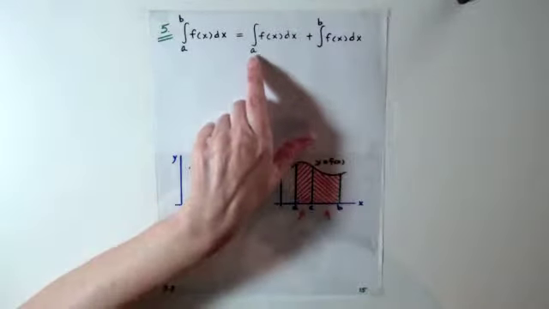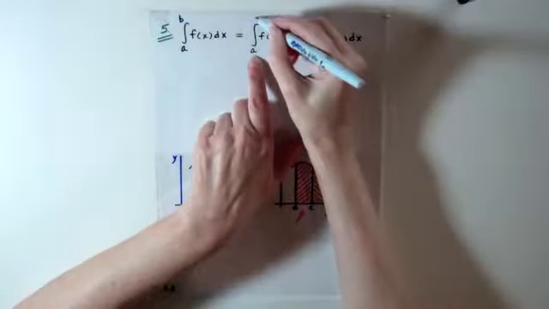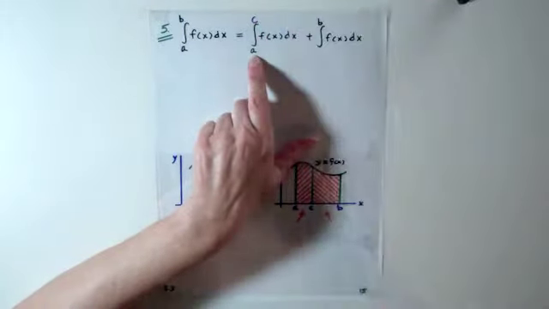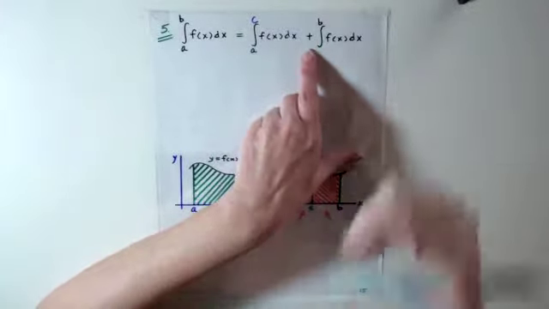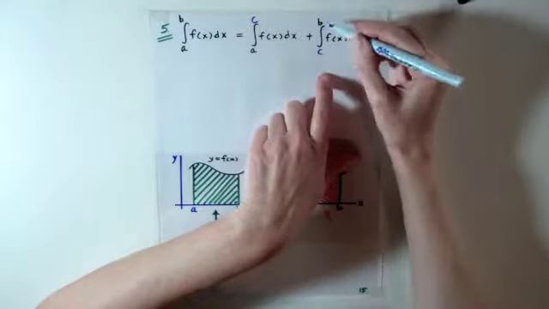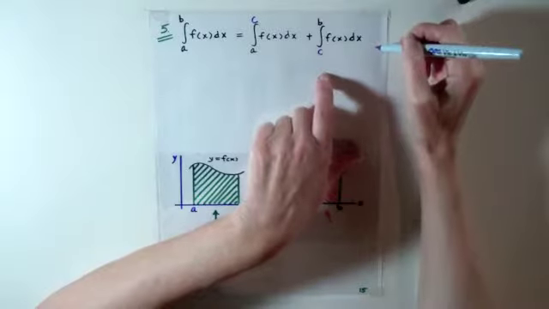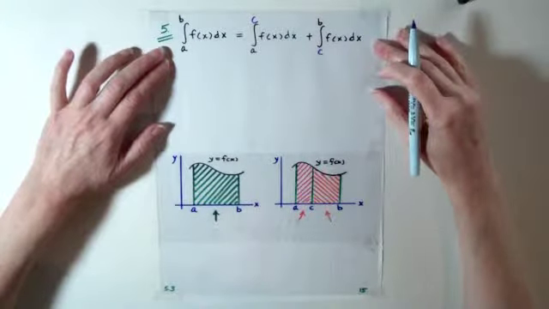It says that if I do the integral from a to some intermediate number, I'll call that c, of f of x dx, and I add on the integral from c, that intermediate number, to b of f of x dx, then these two sides are actually equal to each other.